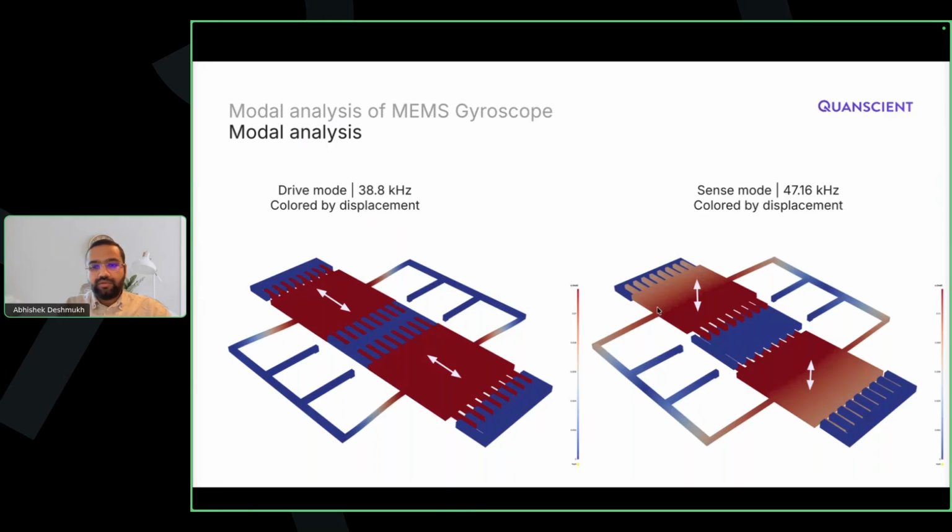And typically there is capacitive sensing. So there are electrodes below these proof masses which can sense the capacitance, and then you can sense the motion. The point is that you can get these modes directly out of the modal analysis, and identify them based on their motion.